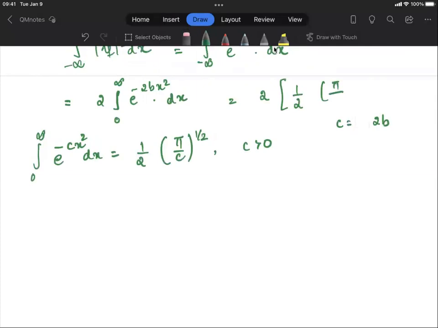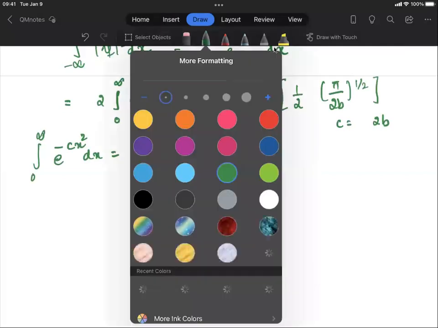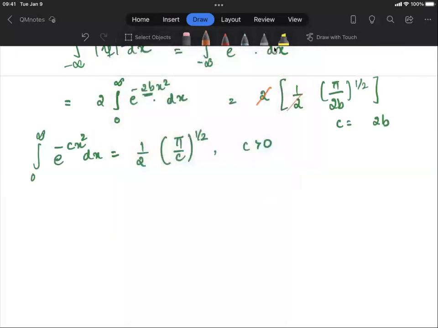The c given here is equivalent to 2b of what we have, so it's going to be this. Now, the 2 and the 2 get canceled, and this can be written as pi over 2b under root.